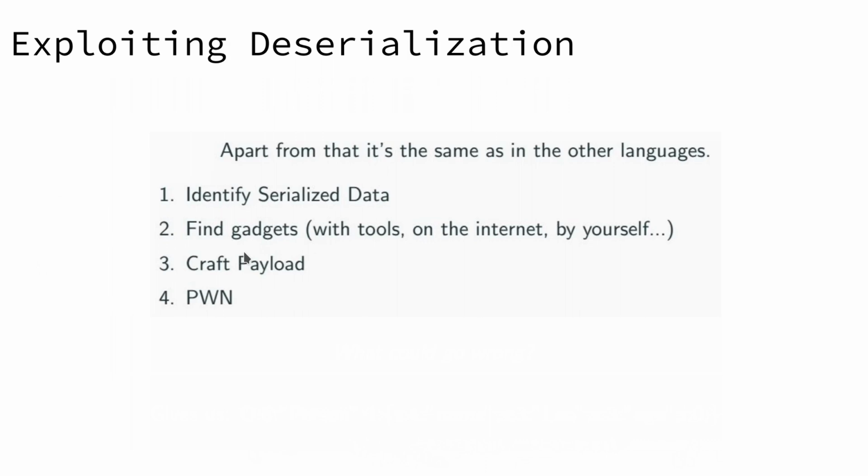But then we need to use the actual code flow by the programmer, and just by switching values and attributes we need to gain remote code execution. And once we found gadgets that work well together, we craft a payload, and once this payload is crafted, we send it to the server and enjoy our remote code execution.